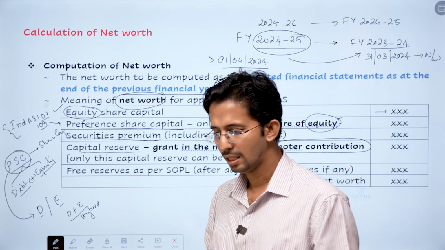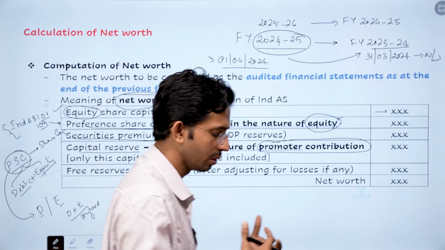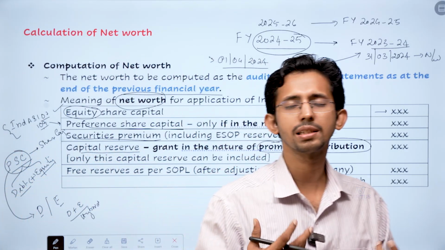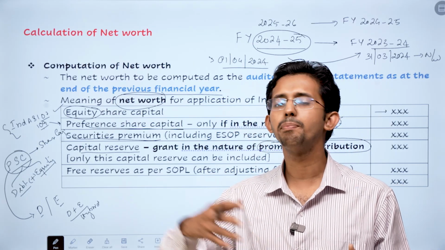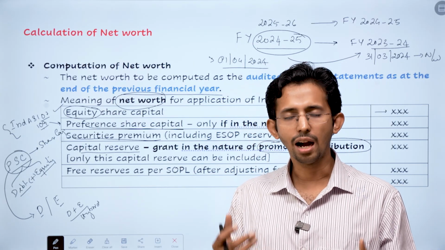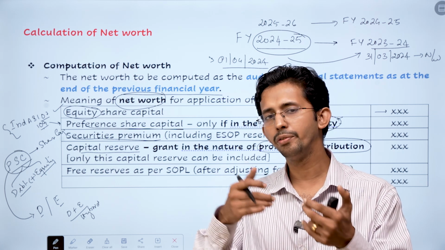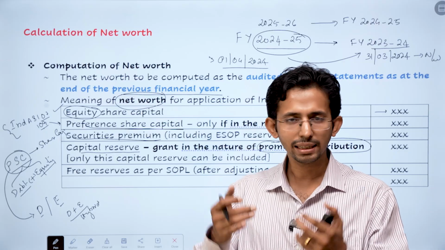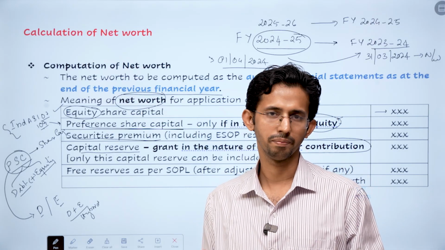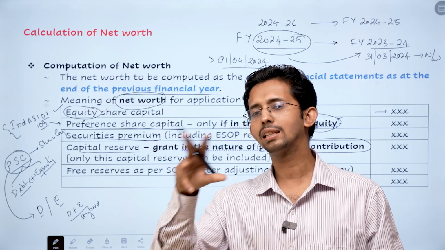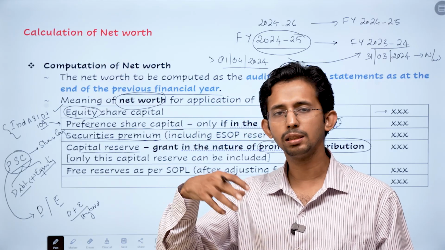Like for example, you are setting up a factory. Yours is a manufacturing entity. Sometimes when you set up factories in backward areas, the government might give you some grants, and this grant can be in the form of equity contribution. Even though they call it a grant, sometimes they say that this grant is our participation in your equity.